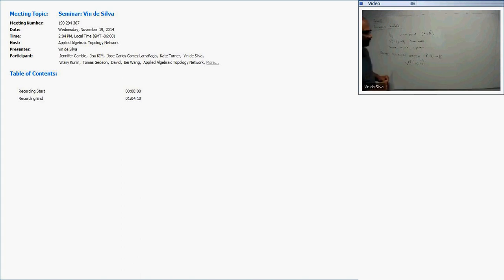Now, what are the things that we do with this? We compare them. So how do you compare two persistence modules, V and W? What we need is a notion of interleaving.